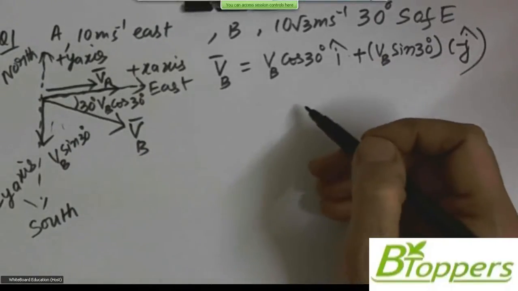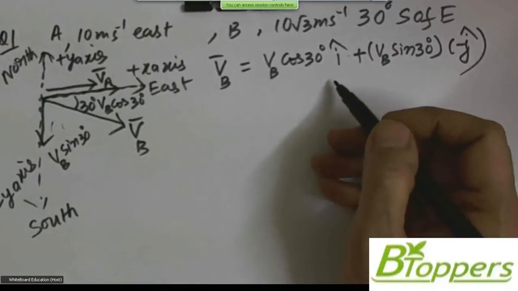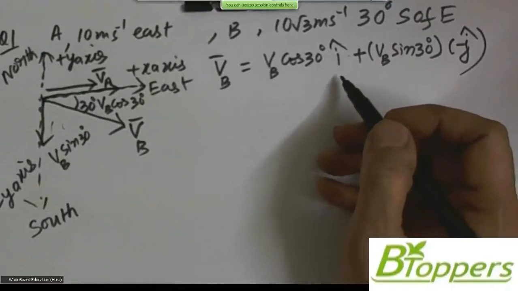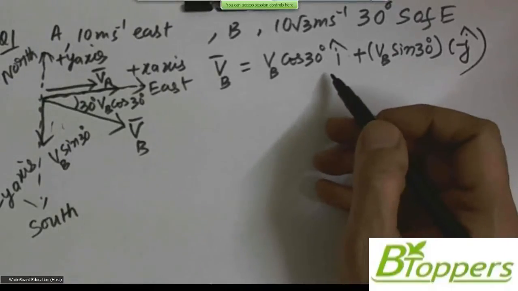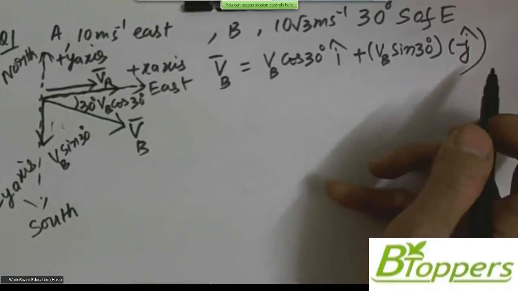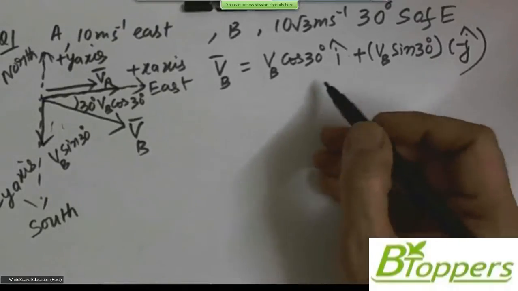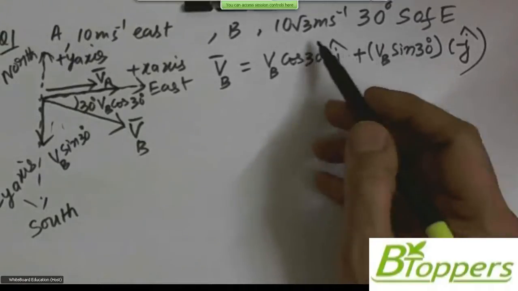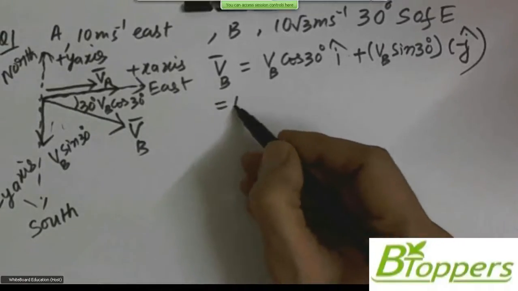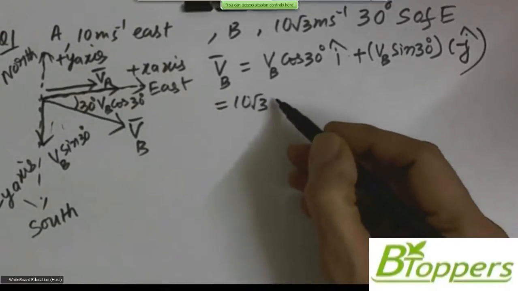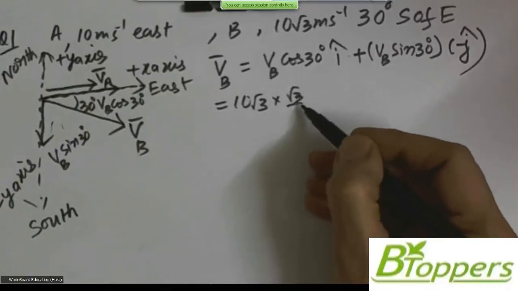So you can write minus j cap. i cap is the unit vector along positive x-axis and j cap is the unit vector along positive y-axis. Minus j cap is the unit vector in the negative direction of y-axis. VB represents the magnitude of velocity of B, that is 10 root 3 meters per second. Cos 30 degrees is equal to root 3 by 2.